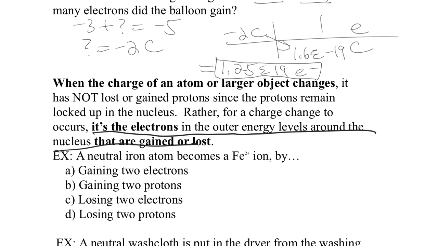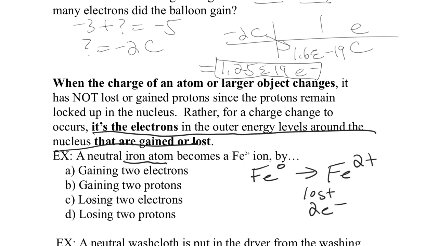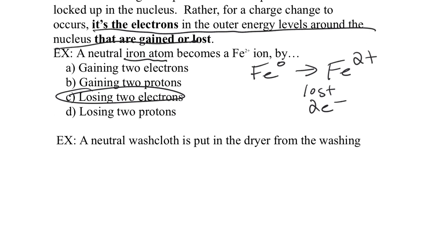If something becomes more positive, it's because it's losing electrons, not gaining protons. So if you go from neutral Fe to Fe2 plus, you should learn this in chemistry, you lost 2 electrons. You did not gain 2 protons because protons are locked up in the nucleus.